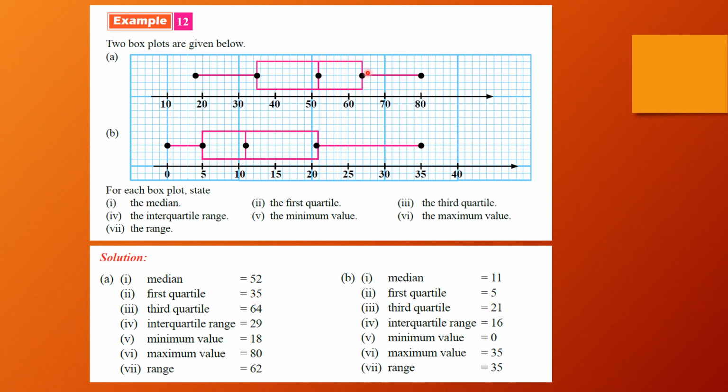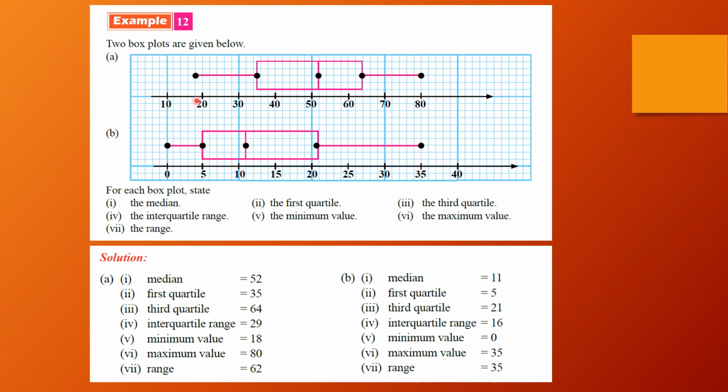Next, the third quartile. This is the dot for the third quartile. 60, 62, 64. So the third quartile is 64. The interquartile range is third quartile minus first quartile. So 64 minus 35 gives 29.